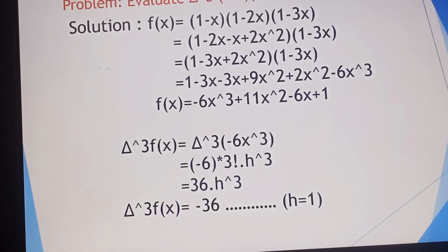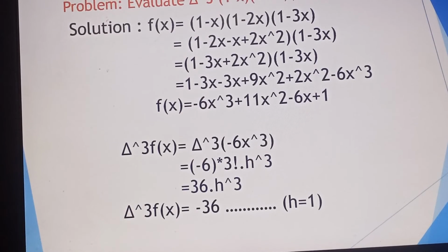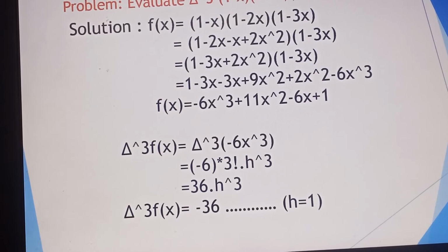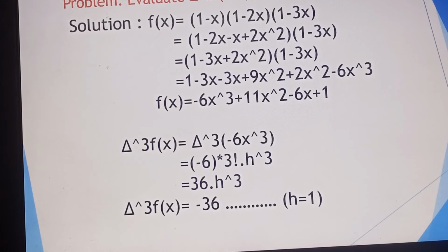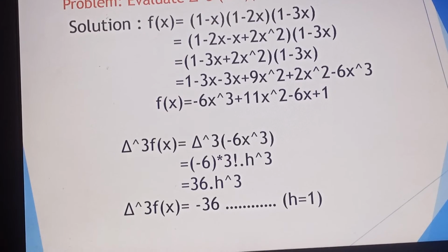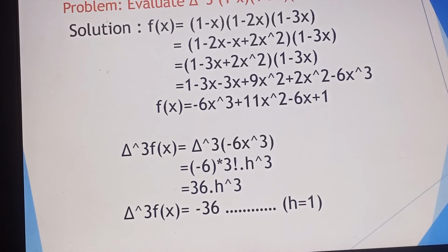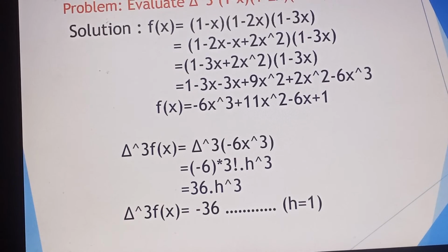We get 1 minus 3x minus 3x plus 9x raised to 2 plus 2x square minus 6x cube. F of x equal to minus 6x raised to 3 plus 11x square minus 6x plus 1. We get the value of f of x.